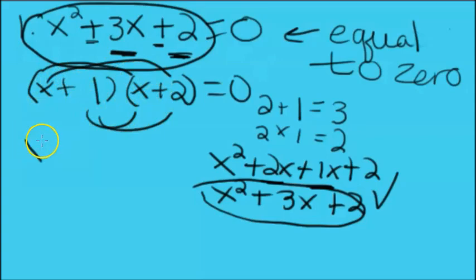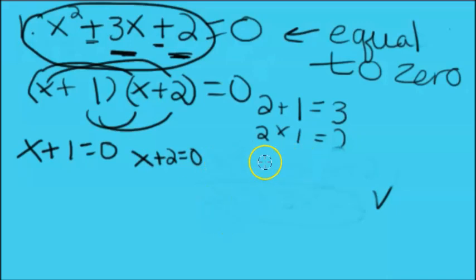So we have to separate the 2 parentheses, set them equal to 0, and solve for x. We have x plus 1 is equal to 0, and x plus 2 is equal to 0. Okay, so now we're just finding x.